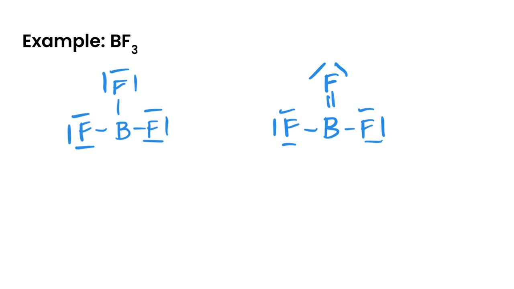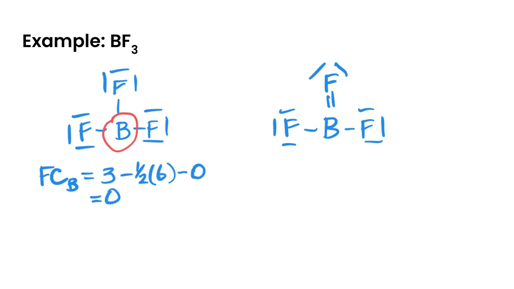Well, let's go through and do the formal charge for each of the atoms in this first structure. First, the formal charge of the boron. The number of valence electrons is 3. Then we subtract half of the number of bonding electrons, so there are 6 electrons bonding there, and then minus the number of non-bonding electrons, which in this case is 0. So the formal charge on that boron atom is 0.